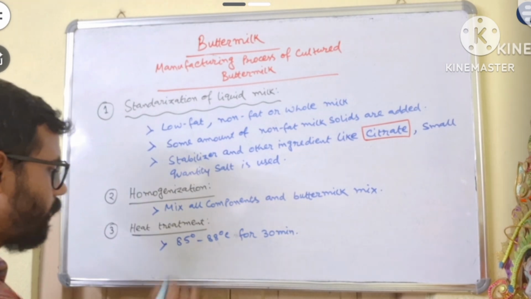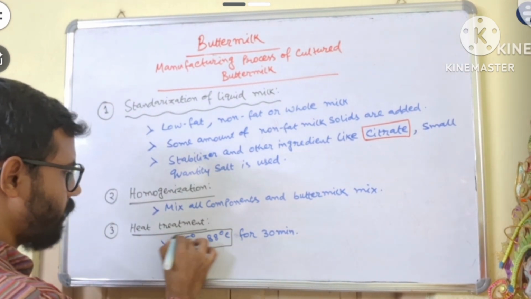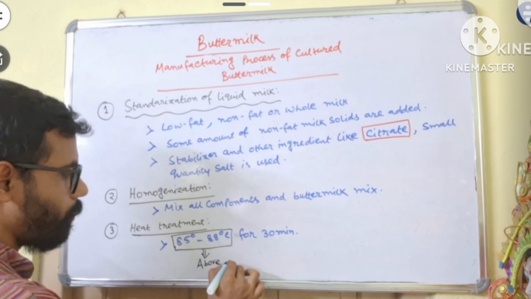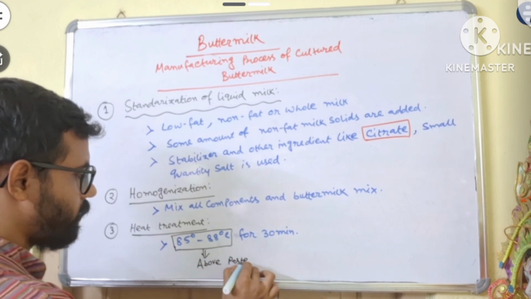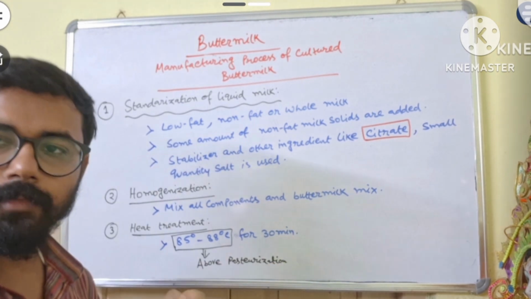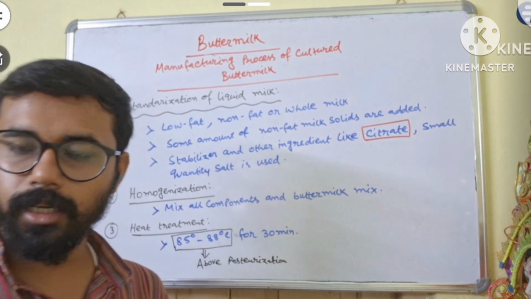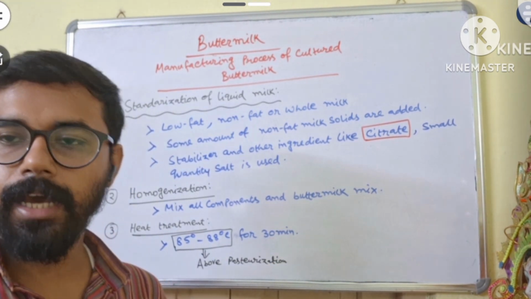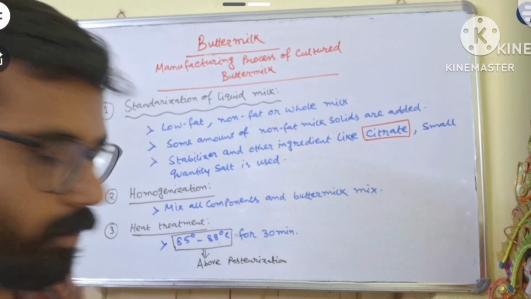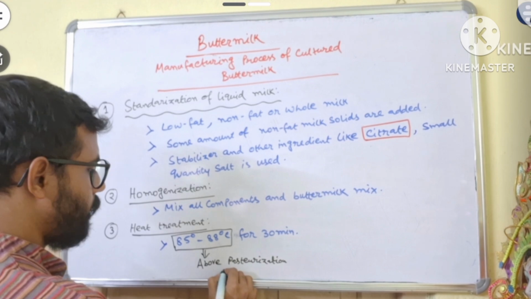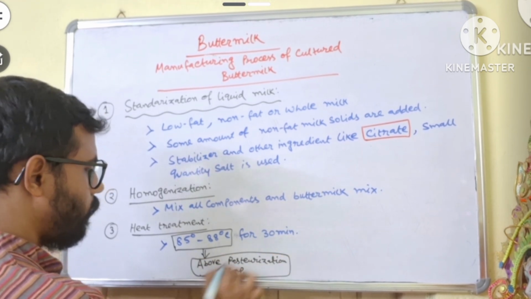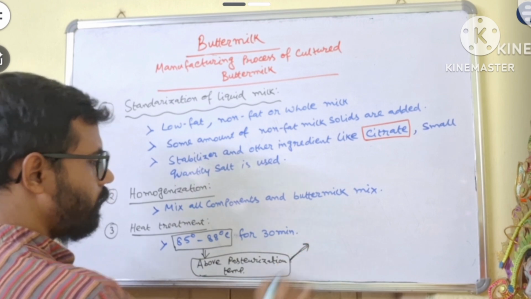That means above the pasteurization temperature. Here also we are using above pasteurization temperature, and the simple function is that spoilage causing organisms, heat resistant organisms, and other disease causing organisms are all killed.